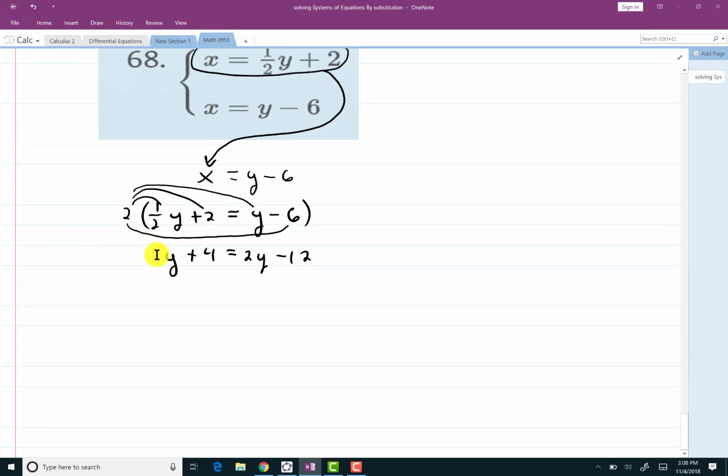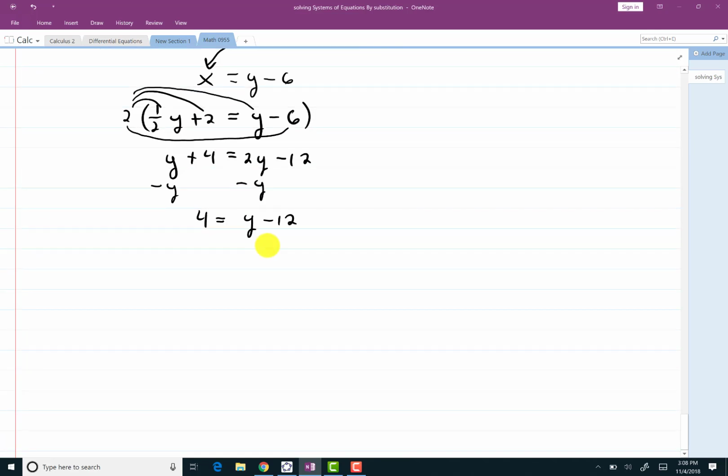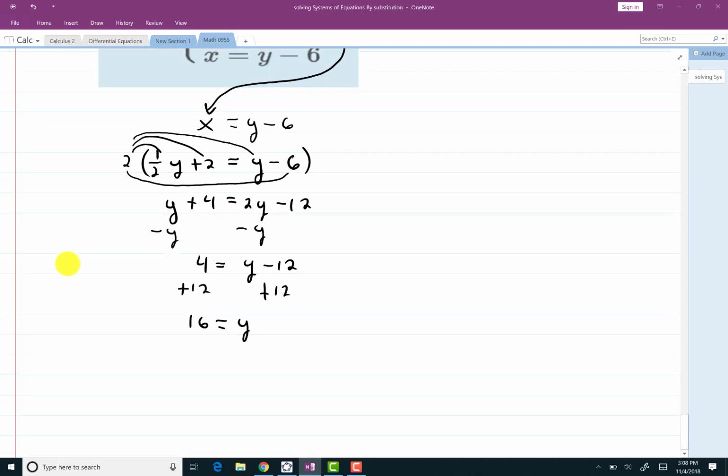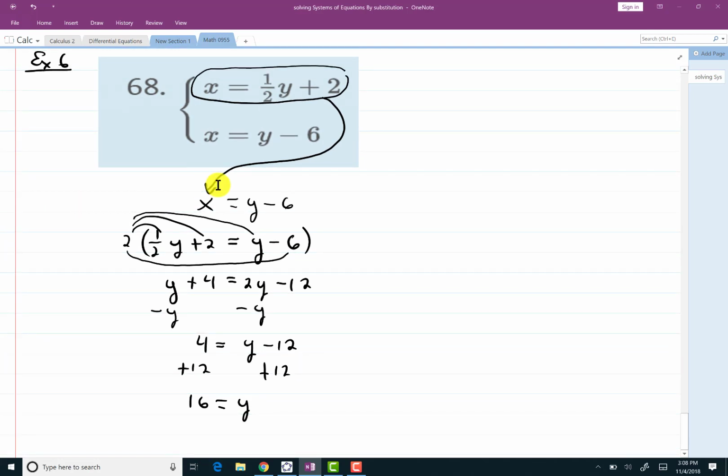And then to get y by itself, I'm going to subtract y. So I get 4 equals y minus 12. I'll go ahead and add 12 to both sides. So 16 equals y.